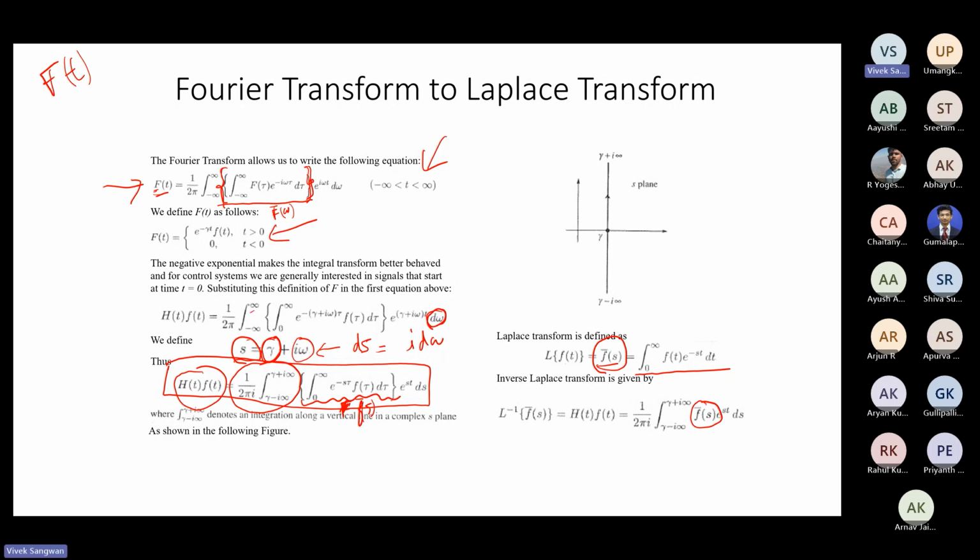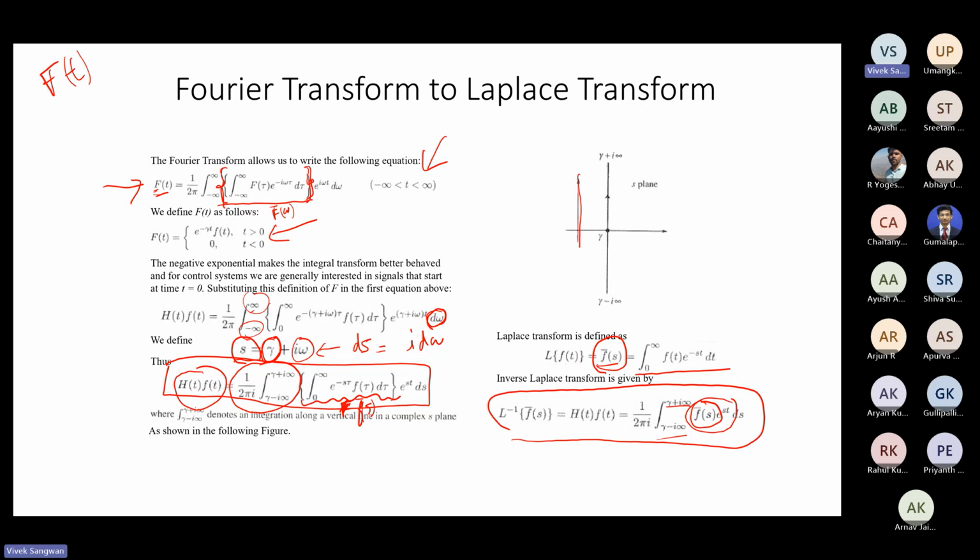These limits were limits of omega, but now we are integrating over S. As omega goes from minus infinity to infinity, S goes from gamma minus i infinity to gamma plus i infinity. So you write down this complex function and integrate it over a line at a distance gamma from the vertical axis, going from minus infinity along this line to plus infinity.